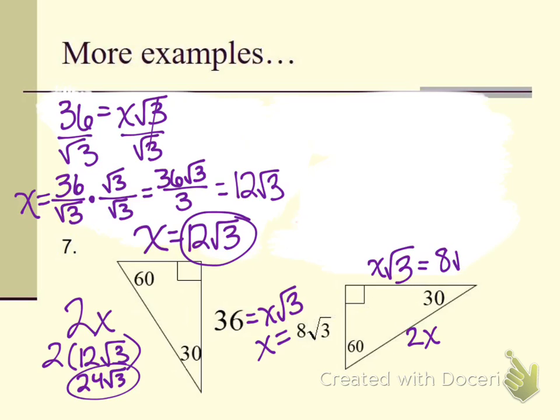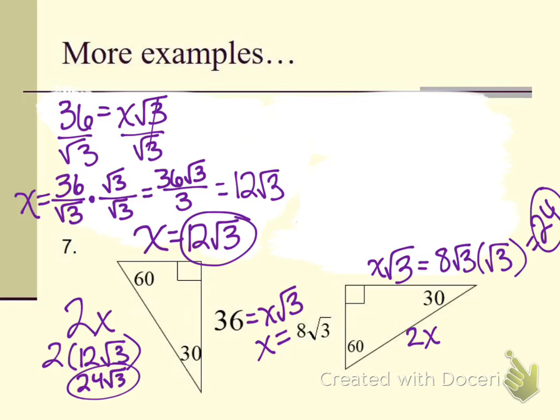So here we have 8 radical 3 times radical 3. What is the square root of 3 times the square root of 3? 3. Okay, this would be radical 9, which is just a 3, but then we have to multiply it by the 8, and what do we get? 24.